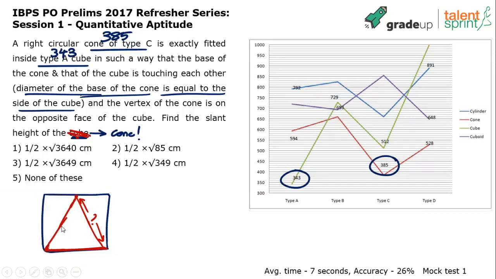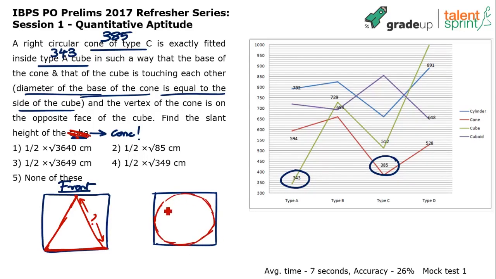Now, I think I need to draw the base. This is the front view. Let me also draw the bottom view of this. If you look at the bottom, the base of the cone will exactly overlap with the base of the cube. This is not looking like a circle, but please adjust.